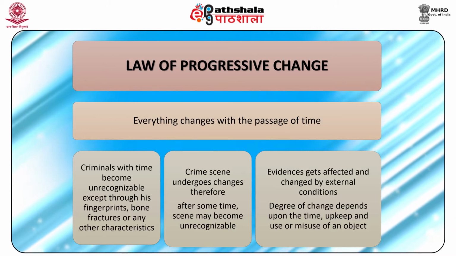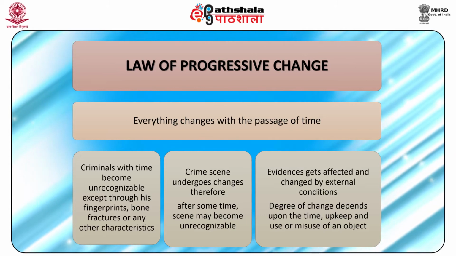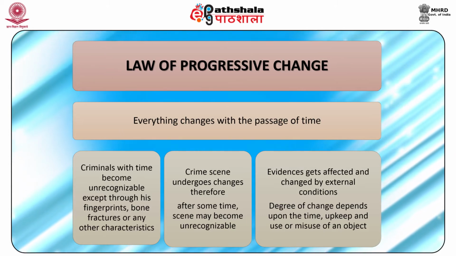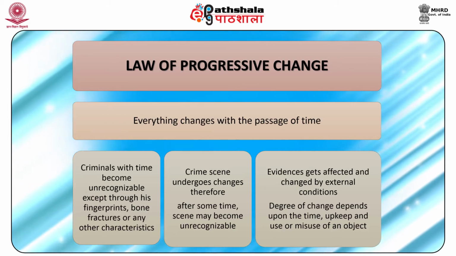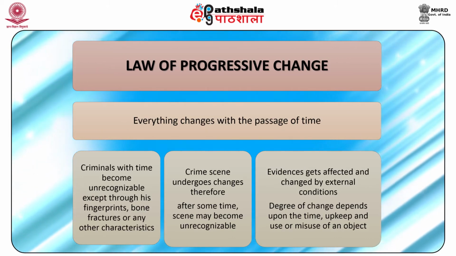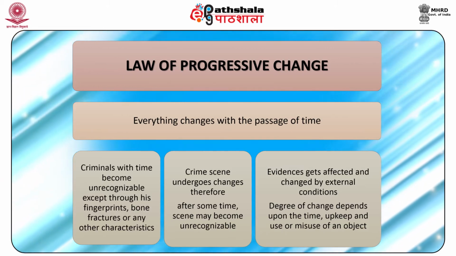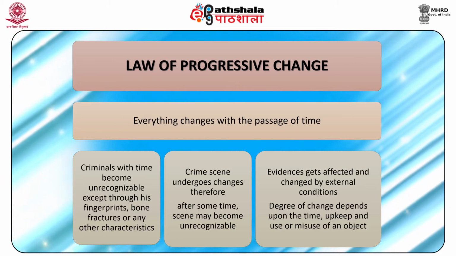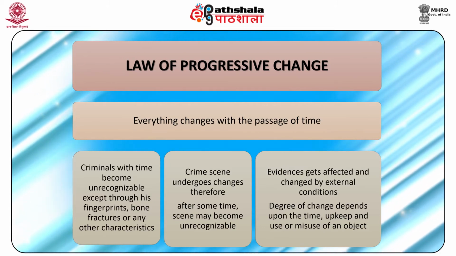For example, the criminals undergo several progressive changes with time. If he is not apprehended in time, he becomes unrecognizable except, perhaps, through his fingerprints, bone structures, fractures, or any other characteristics of permanent nature, which may or may not be always available, therefore not dependable.